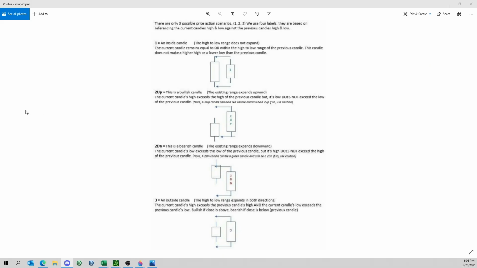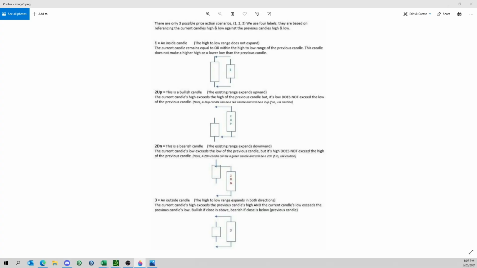So there are 3 different types of candles. There's a 1 candle at the top here, which is an inside candle. What this means is the price is consolidating. A 1 candle did not break the top, or it did not break the low.